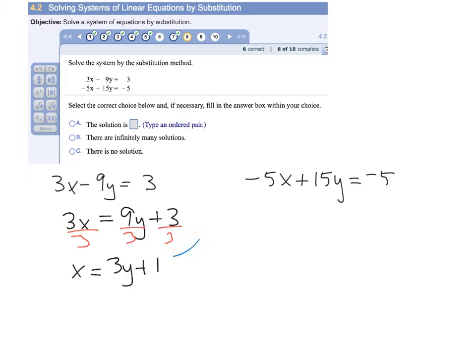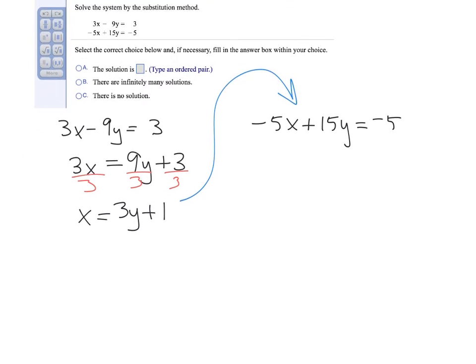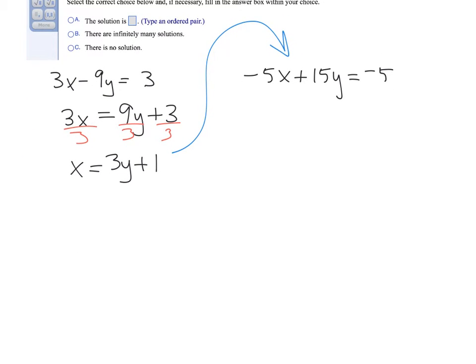So now I'm going to replace that into this equation. That ends up being negative 5 times (3y plus 1) plus 15y equals negative 5.